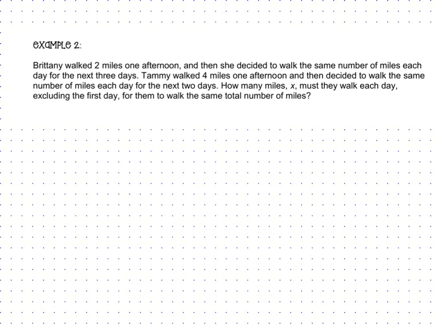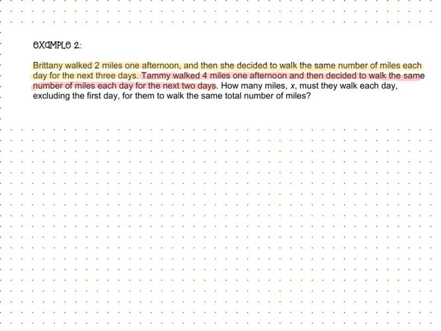All right, so again, these problems get very wordy and they have a lot of information in them. But it's pretty obvious that this problem is split between the information that's happening with Brittany, and then the other part is the information that is happening with Tammy. So notice how I'm highlighting those in 2 different colors.